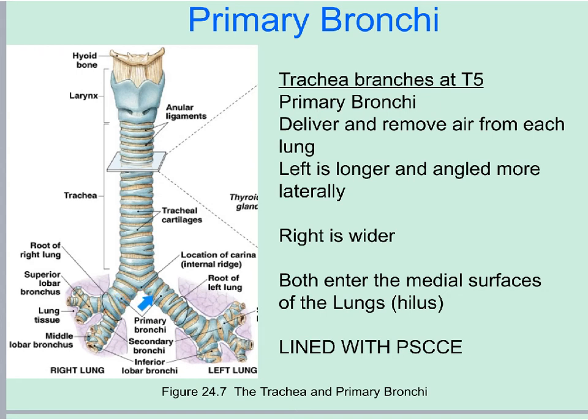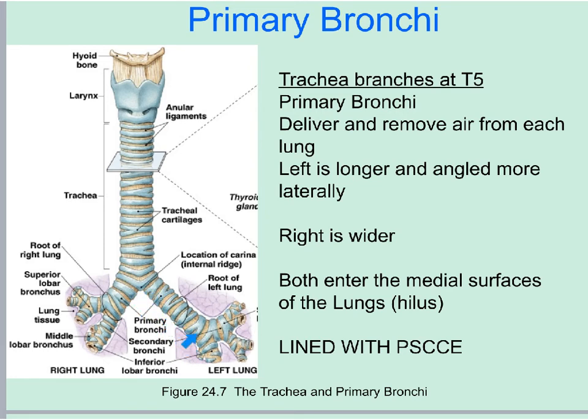And one of the things you can see is that these primary bronchi still have cartilaginous rings, but you see how they're split right here and like right here? Those cartilaginous rings are going to gradually disappear.